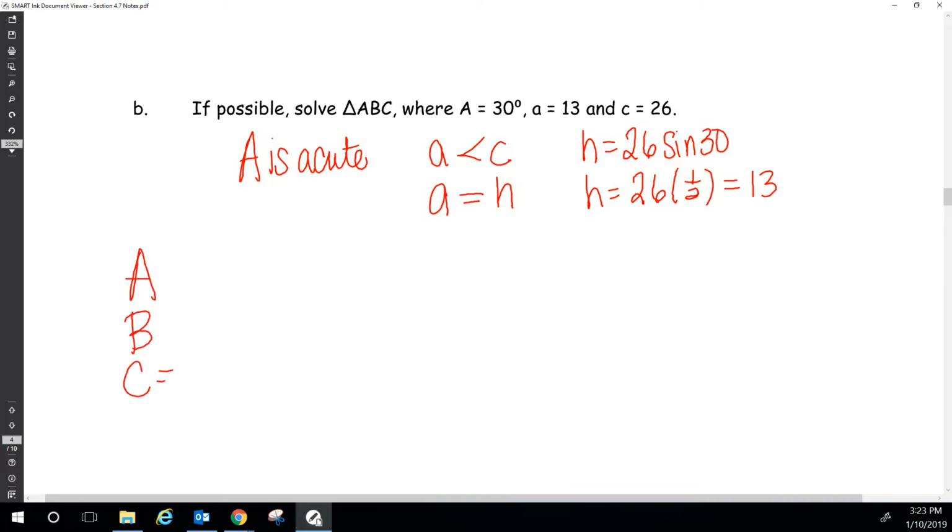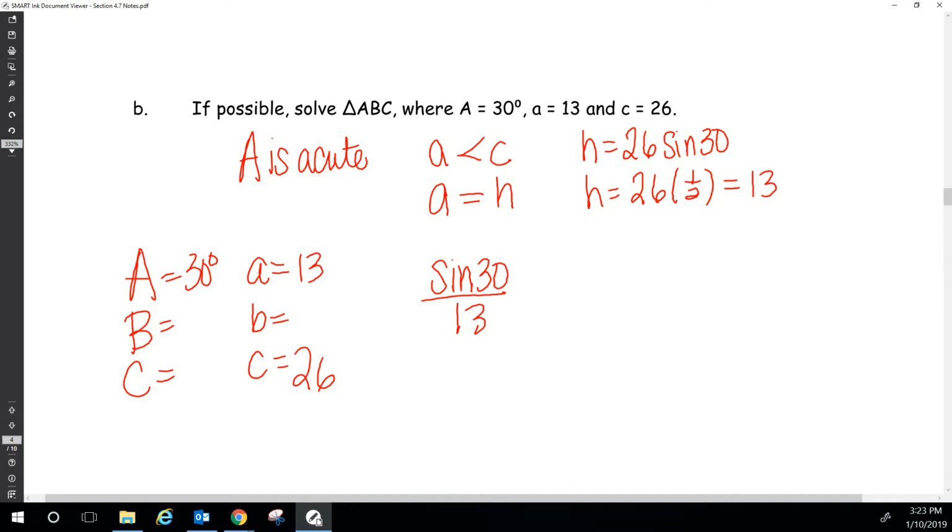We got A, B, C, little a, little b, little c. All right, we know A is 30 degrees, little a is 13, little c is 26. If I know these three pieces of information, I can solve it using law of sines for the big C. So sine 30 divided by 13 is equal to sine of big C divided by 26.